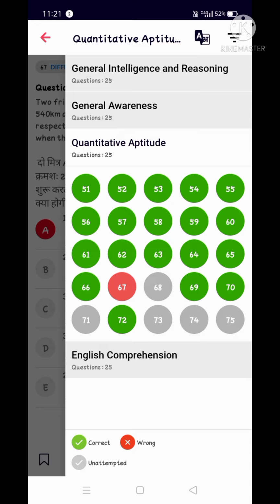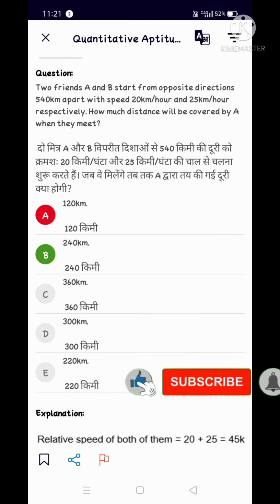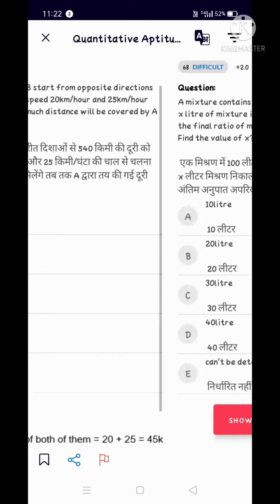During the analysis, I saw the 5 questions are totally easy. If I try, then I can do it. And the 67th was a speed based question, distance, speed, time based, but mistakenly I ticked 40 kilometer instead of 120 kilometer. That's why the question was wrong.